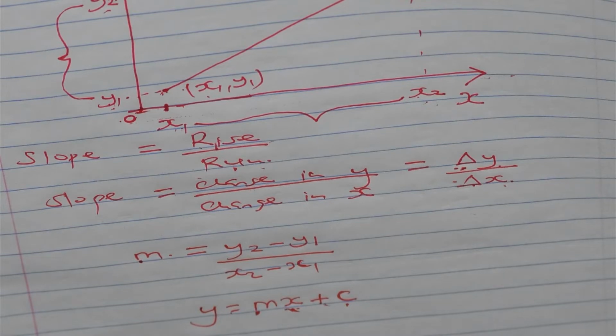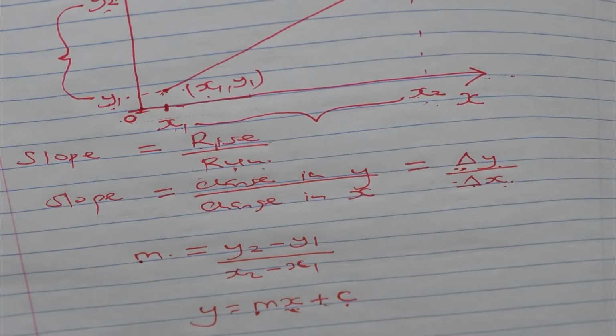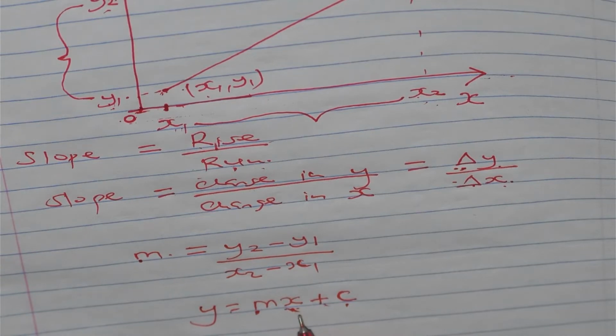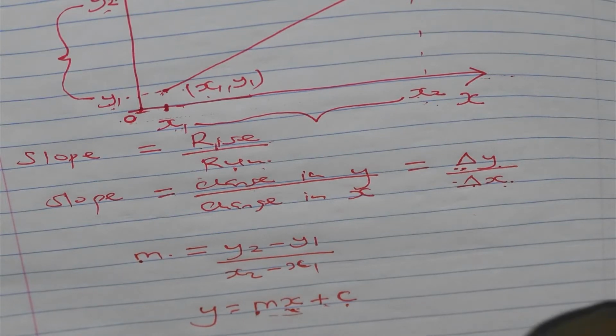So here we are trying to get this equation, and if you are given, for example, a question, and the question gives you 2 points, and from these 2 points you're supposed to deduce the equation of the line.